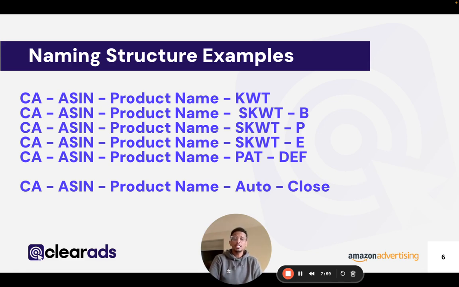But I wanted to keep this straightforward so you have a good place to start when you're thinking about how to name your campaigns, because the moment you do this, it becomes less of a mess, and you have so much more insight and clarity to make the changes that are required. Because at certain times, certain parts of your campaign may start to do really well or really badly.